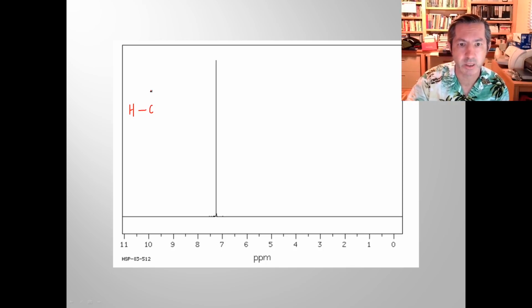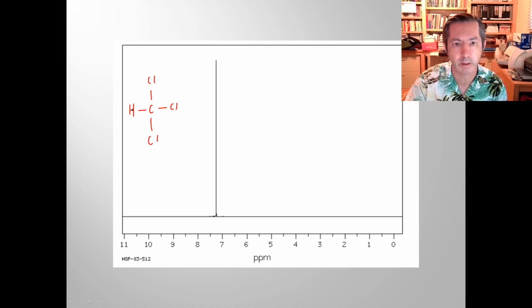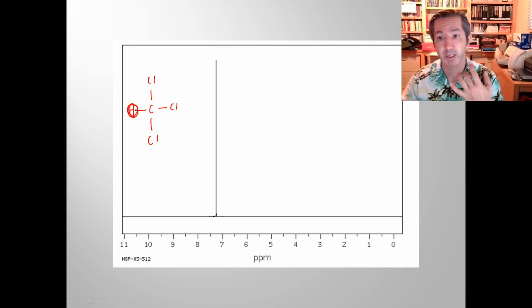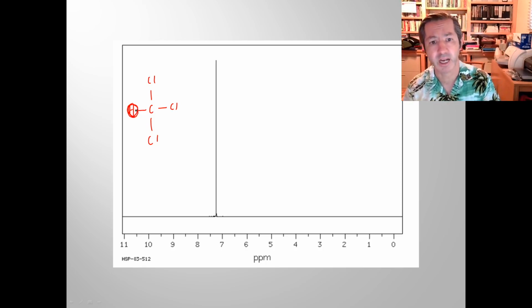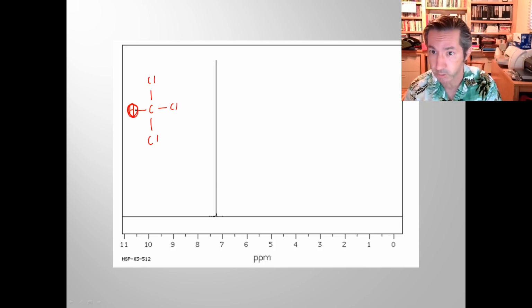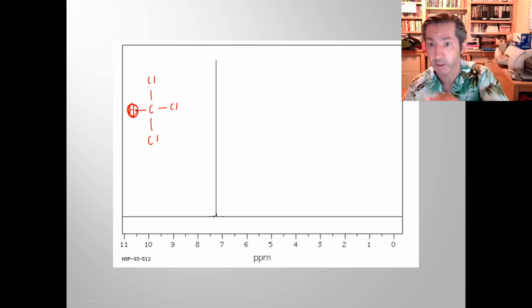You may have been studying some of your nomenclature, so we'll talk about the name of this compound. When you have 3 chlorines, it pulls most of the electron density away from this hydrogen. It has a really small electron cloud around it. It is de-shielded. Now, we saw methyl chloride or chloromethane, this is dichloromethane, and this one is trichloromethane.